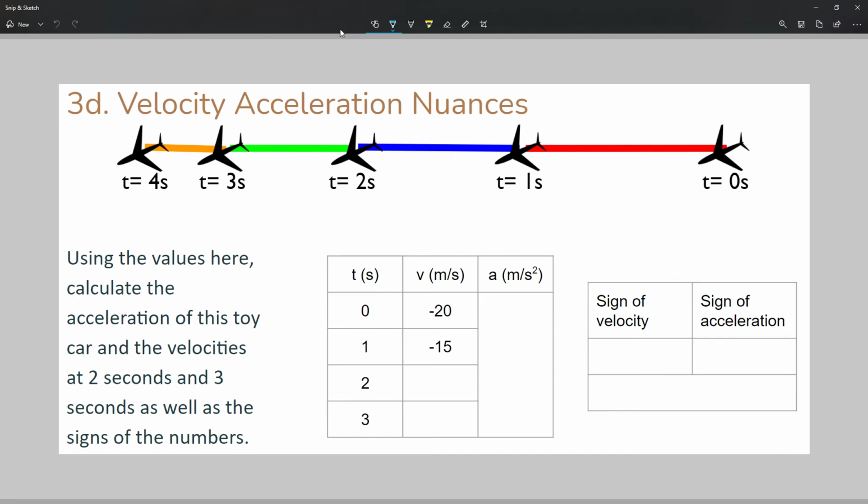Okay. Now, how much does your velocity change each second as you go from negative 20 meters per second to negative 15? Again, we're going this way, right? And if you take a look at the diagram, we are slowing down. So how much does your velocity change each second?